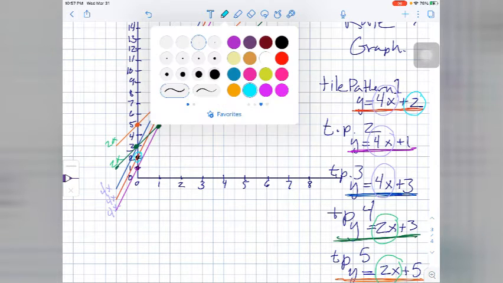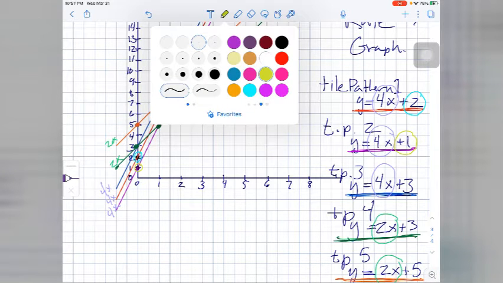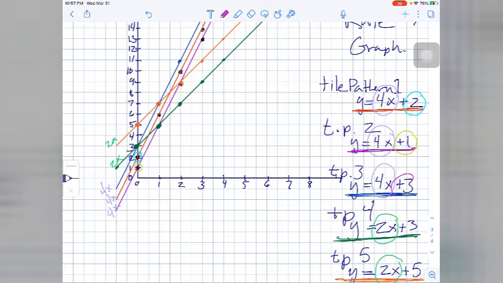And then the 1 is right there. And look at where the 3 is. On the blue line, where's the 3? The 3 is right there.